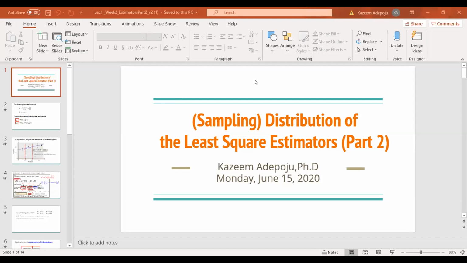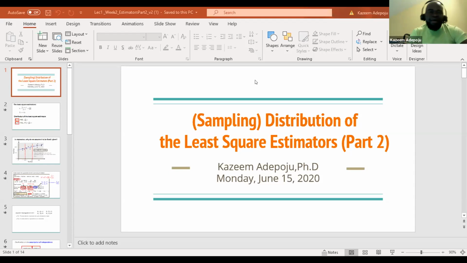Yeah, today we are actually going to start with the sampling distribution of the least square estimators. If you remember, when we stopped last week, we observed that when we take a different sample from sample to sample, the values of the estimates of the parameters vary.